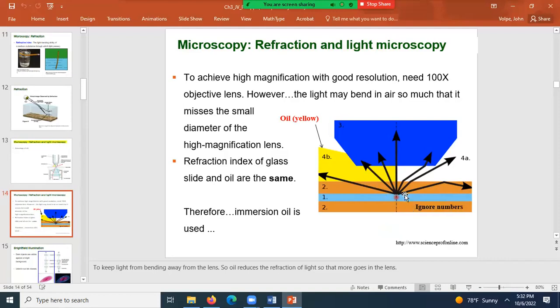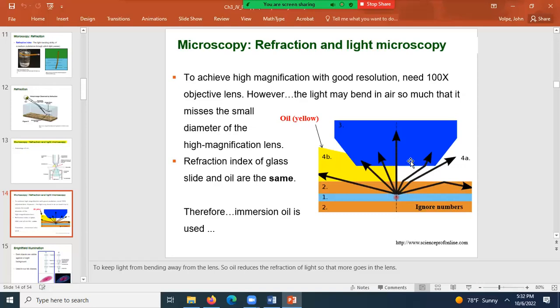And here you can see on this side, light is leaving the glass, and this beam of light doesn't ever even enter the air, at least at this angle, meaning it's refracted back into the glass. This one is refracted away from the objective lens, and so it will not be collected by the objective lens, neither will that one. And this one is refracted, but not enough so that this ray will be collected by the objective lens.